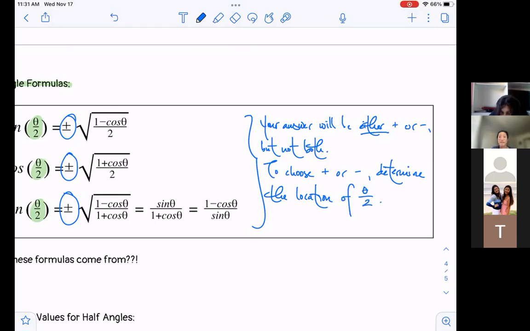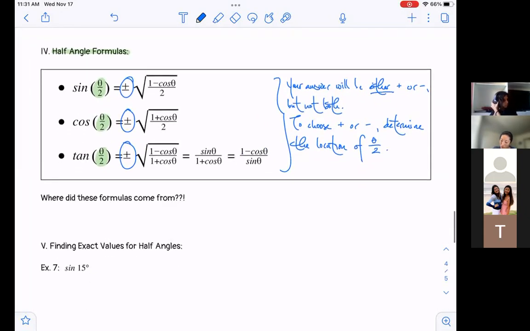So we're almost reversing our decisions from our double angle: what quadrant is that half angle in? That will tell us whether it should be plus or minus. Now you'll notice here that the next chunk said, where do these formulas come from? And I'm just going to tell you, these come from the reduction formulas.